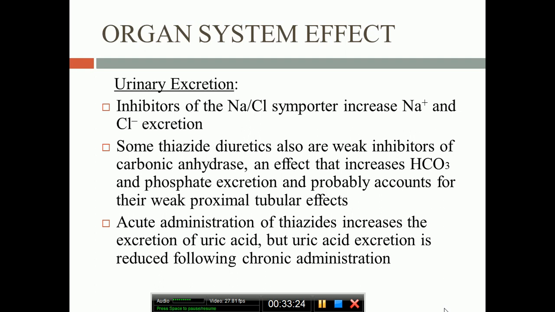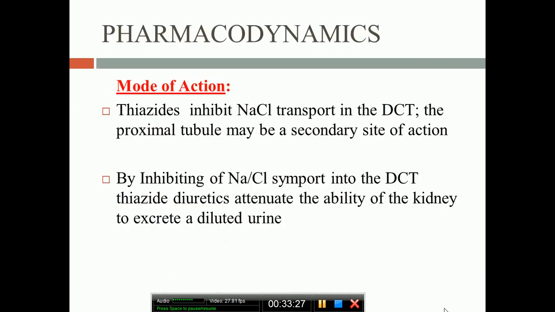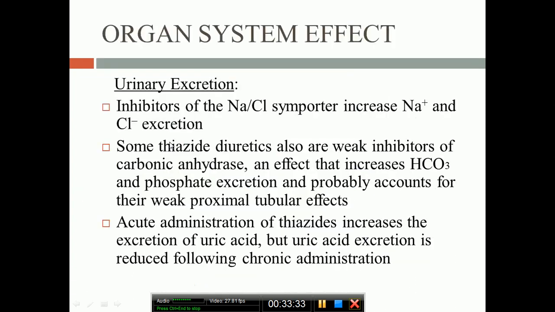As we have just seen, the secondary site of action might be the proximal tubule. Some thiazide diuretics are also weak inhibitors of carbonic anhydrase. This effect can increase bicarbonate and phosphate excretion and probably accounts for their weak proximal tubular effect.